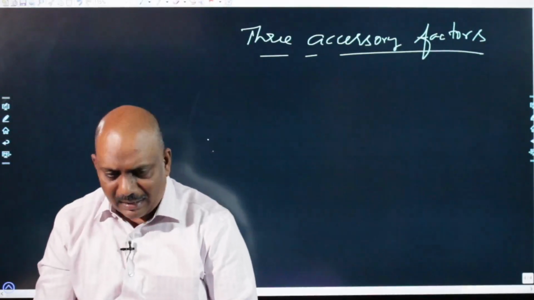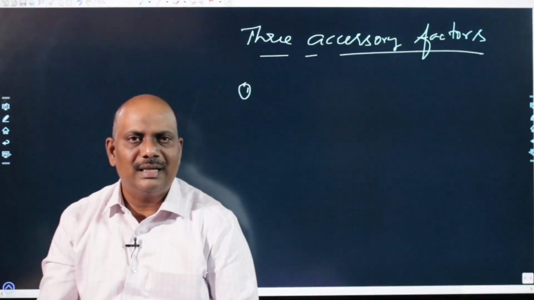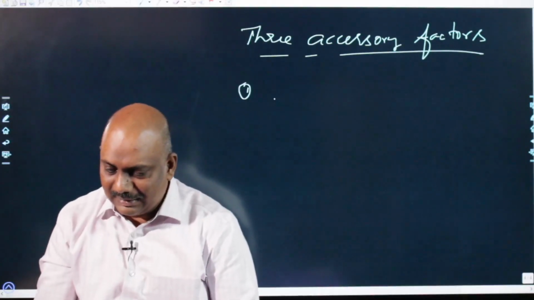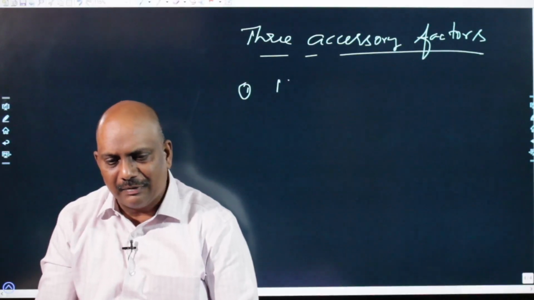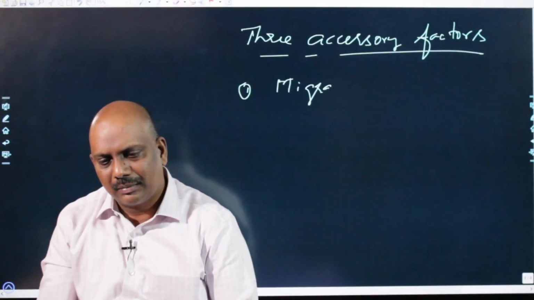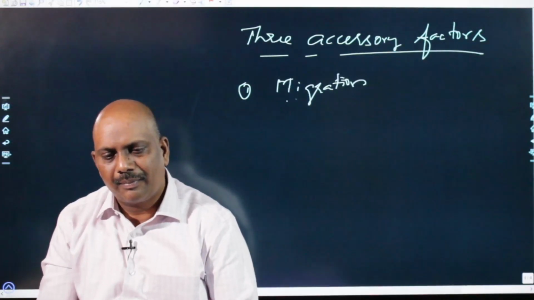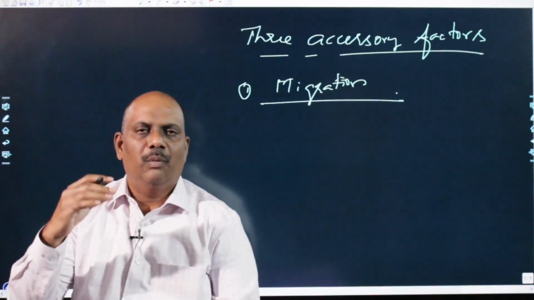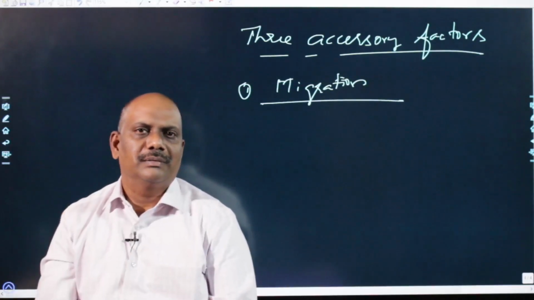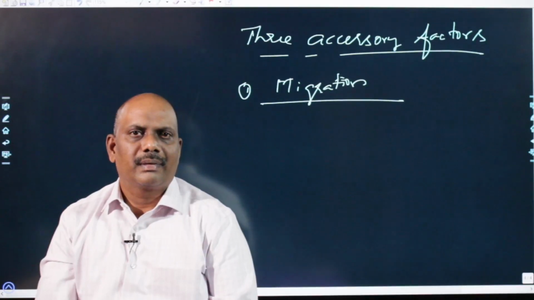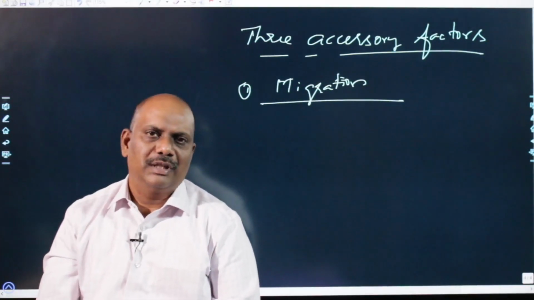Please make a very important note on these three accessory factors. Number one, migration of individuals from one population to another population. This is also a very important source in evolution.